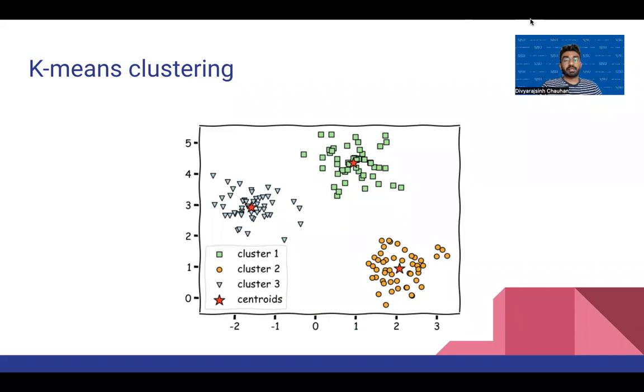So basically it works by dividing a data set into a specified number of clusters, with each cluster being represented by its centroid or its mean, and the algorithm then assigns each data point to the cluster with the closest centroid, and then updates the centroid of each cluster based on the newly assigned data points. This process is repeated iteratively until the centroids no longer change, or a predefined stopping criterion is met.